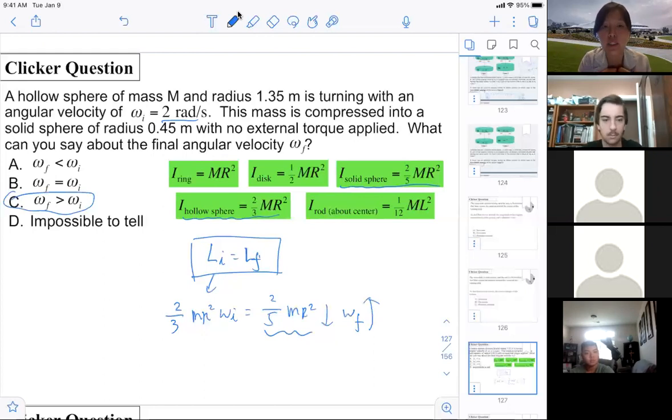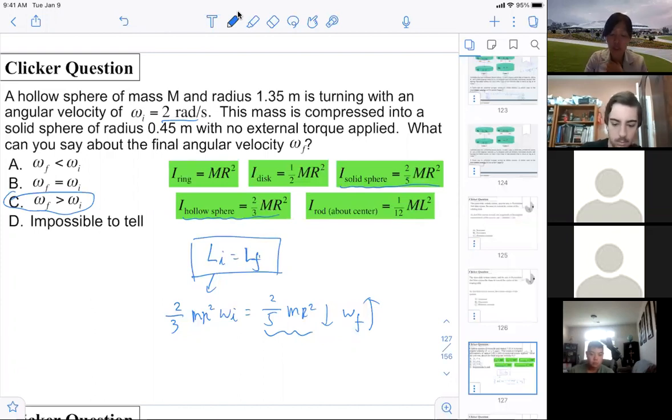This is also no different from the bug crawling closer to the center. Because changing the shape in this case from a hollow sphere to a solid sphere is simply bringing some of the masses toward the center, closer to the center, not exactly at the center. So overall, you are decreasing the rotational inertia and increasing the angular velocity.